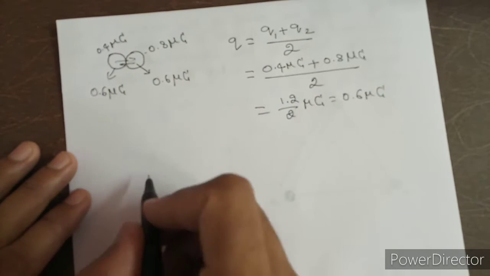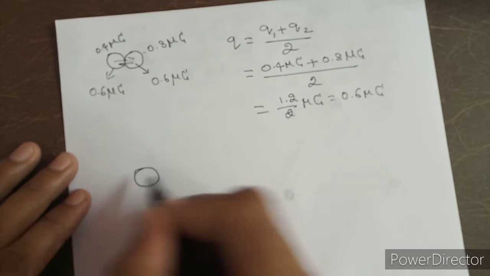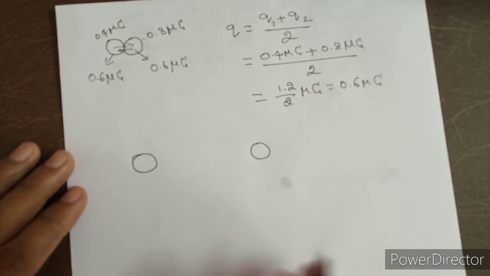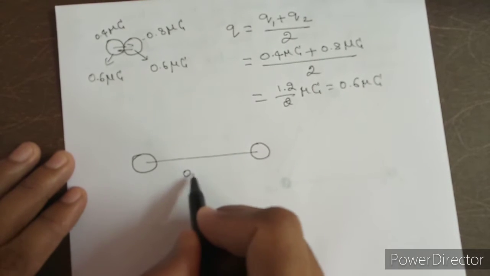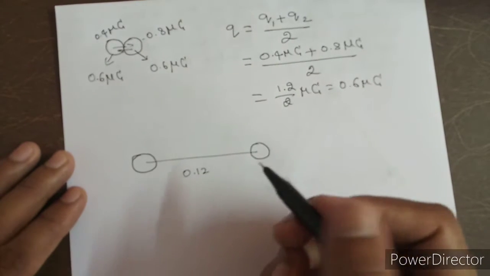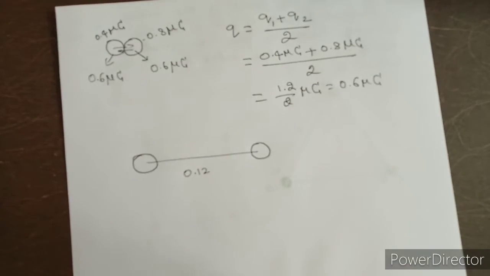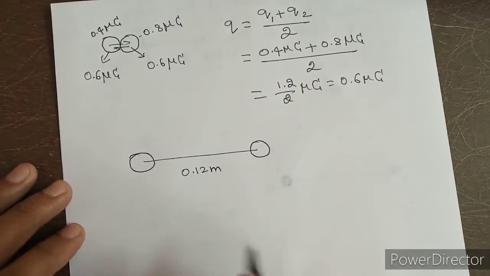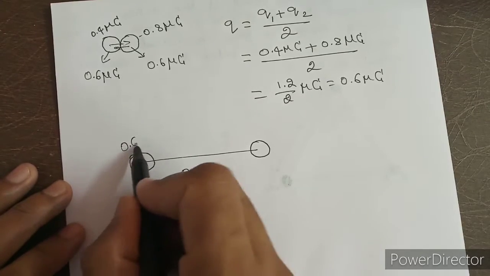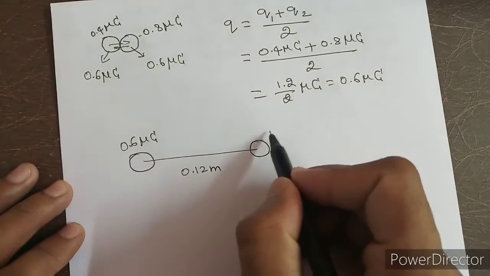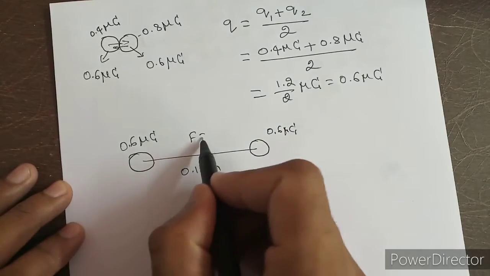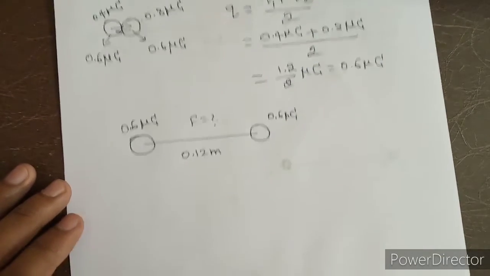Okay, now they are separated with the same distance, that is 0.12 meter. So the charge on this one is 0.6 microcoulomb, the charge on this one is 0.6 microcoulomb. So the force between them is how much? This is what we have to find out. Simple.